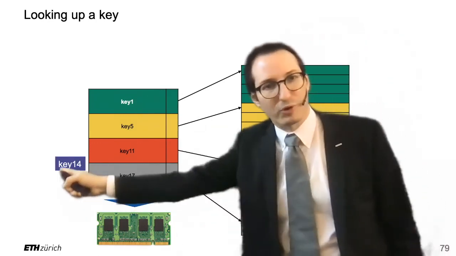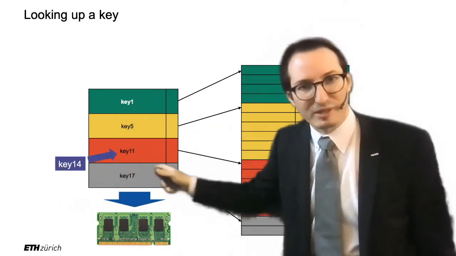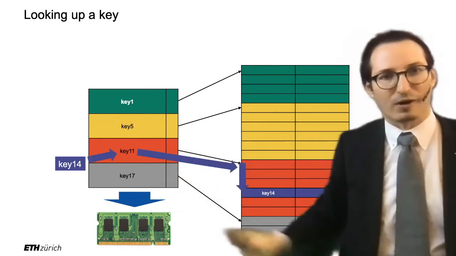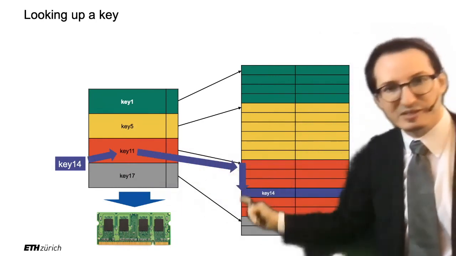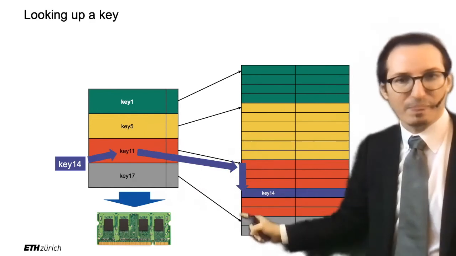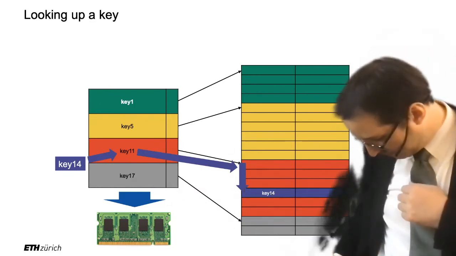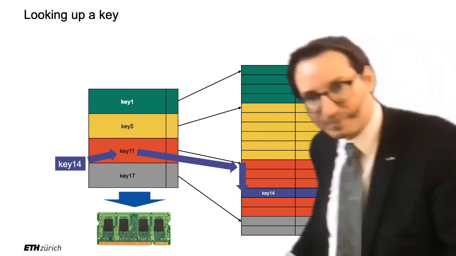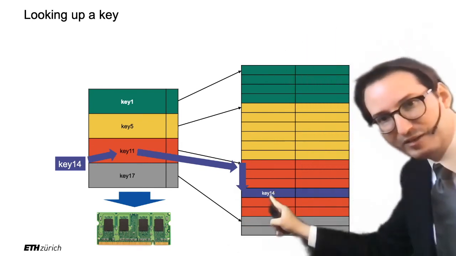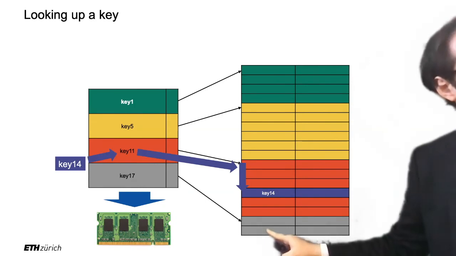For example, you look for key 14, okay, it's between 11 and 17, and bam, there you are. Then you know that you specifically access that part of the HFile, and this is where you find key 14 in that block right there.